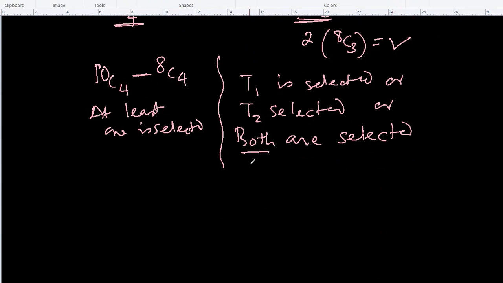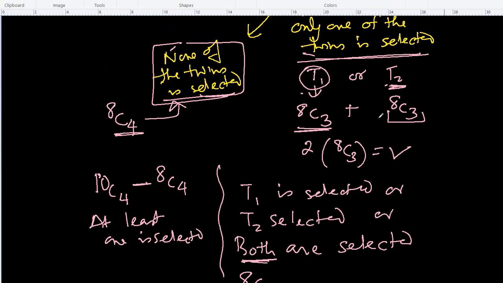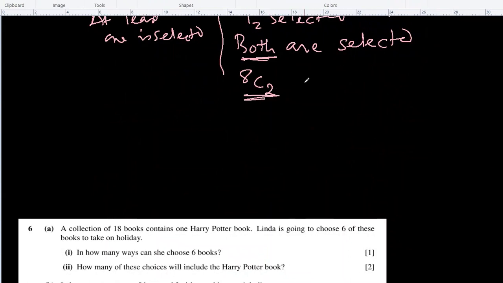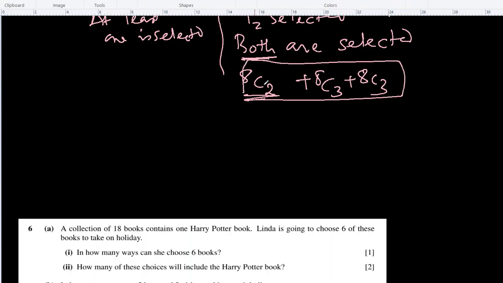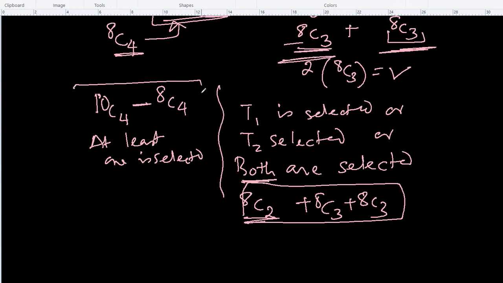So remaining are how many people? 8, and we have to select just 2 out of them because 2 seats have been taken by both of them. So our total answer will be 8C3, this one, plus 8C3 and plus 8C2, this one. So if I write this, whatever number it gives you, it will be exactly same as this one.